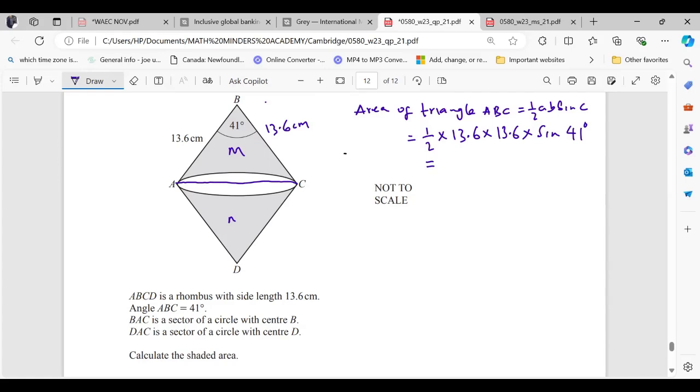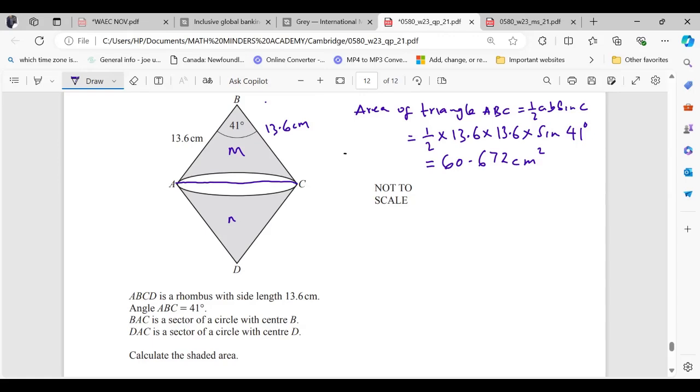That will give us 60.672 square centimeters. So now that is the area of triangle ABC.